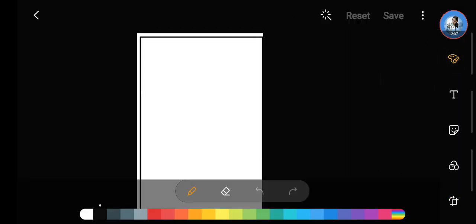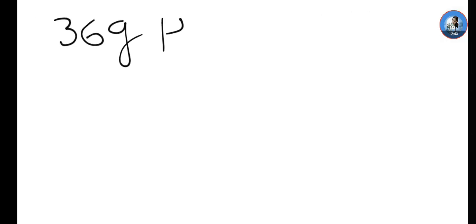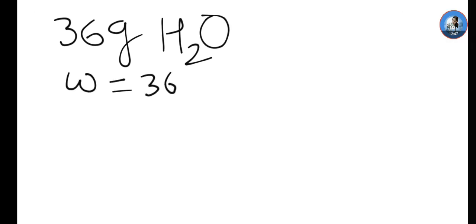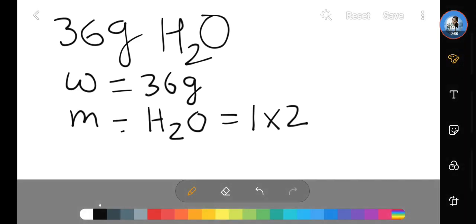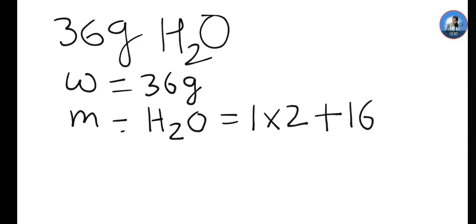Next and last question is calculate the number of moles in 36 gram of water. So students, here W is given 36 gram. And for M we have to calculate the molecular mass of H2O. For H it is 1 into 2 plus for oxygen it is 16. So total is our 18.